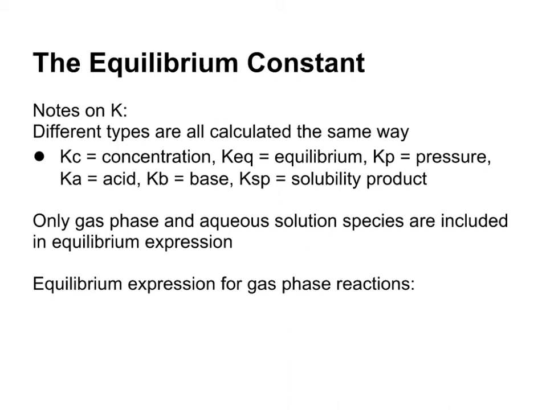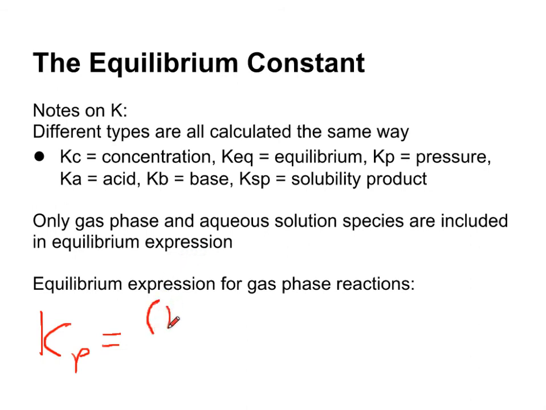Now earlier when I was writing the equilibrium expression, I was using brackets to indicate molarity. There's a special way to write the equilibrium expression for gas phase reactions because the AP graders are kind of picky. So for gas phase reactions, when you're using pressures instead of molarities, you're going to write it like this. Kp: instead of using brackets, you're going to use parentheses. So you're still going to have the products on top.